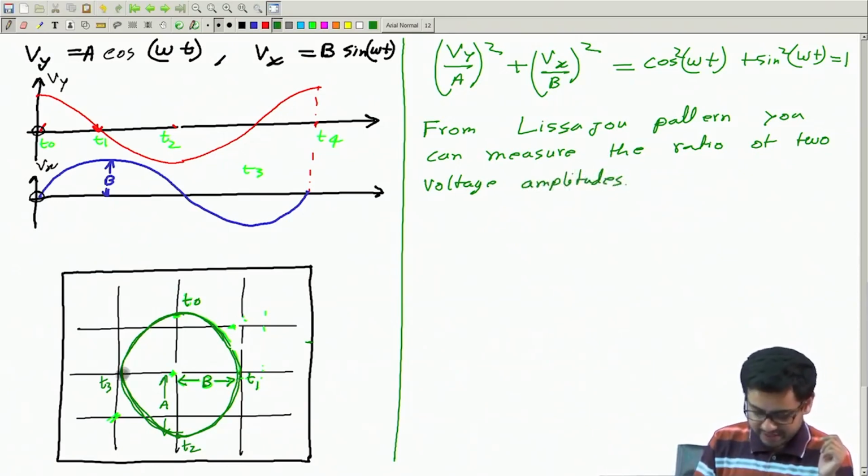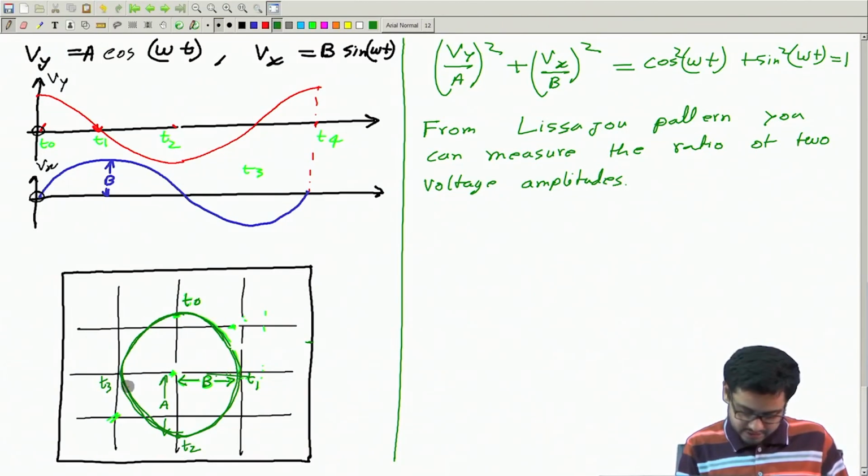For example, in this case, this is twice the amplitude of the signal applied to the horizontal plates, and this is the amplitude of the voltage applied to the vertical plates.